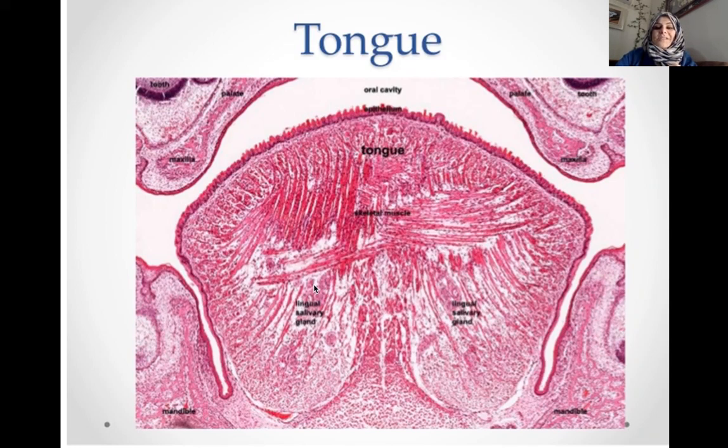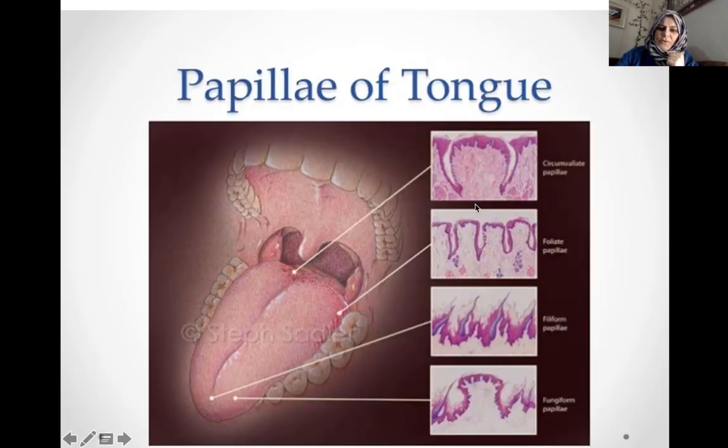Histologically, if we study the tongue, it consists of a dorsal surface and the ventral surface, which is the beneath. Okay, the dorsal surface of the tongue is characterized by its separation into two parts.